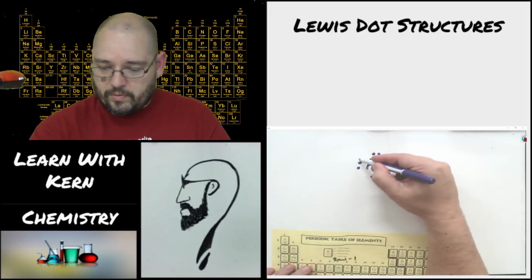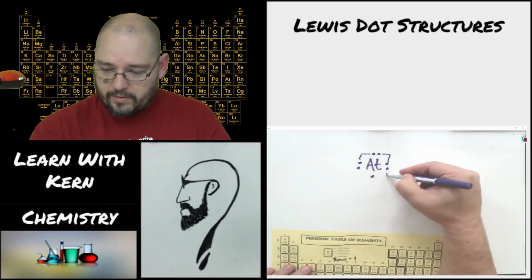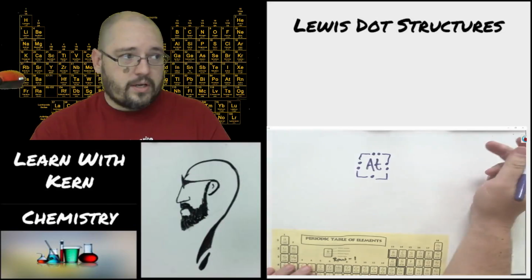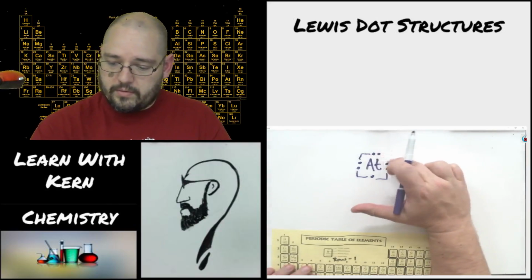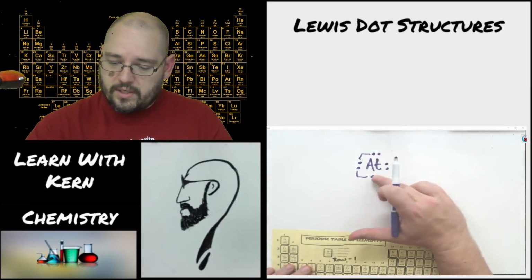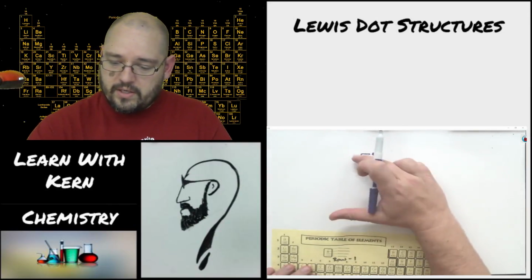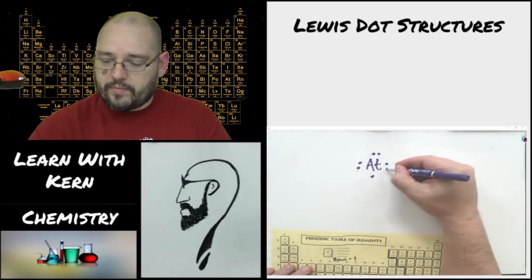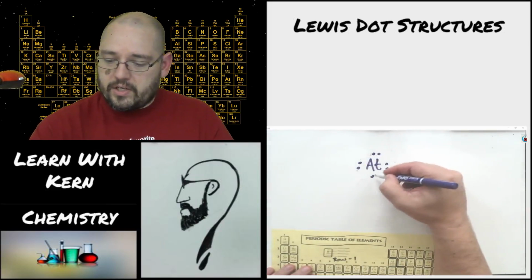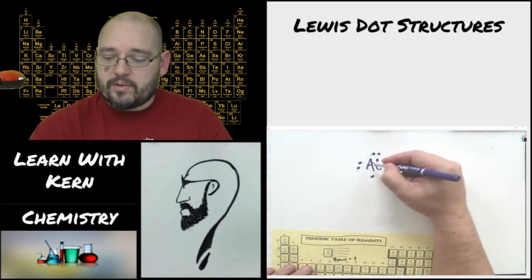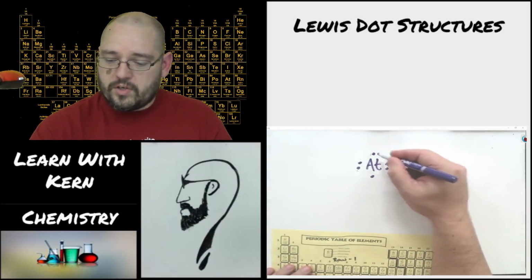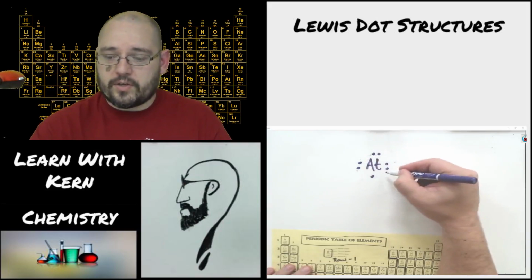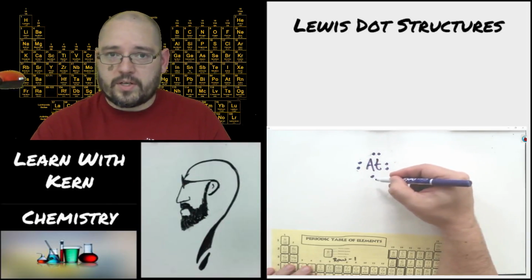And if you wanted to, you could think of it kind of like you're doing a square around your symbol, but don't actually draw those lines. You're just drawing those dots on that square. All right. But you do one at a time, and then you pair them up, and so that shows you that you've got 3 pairs of electrons and then 1 unpaired electron.